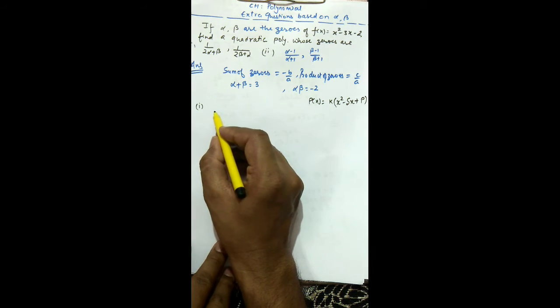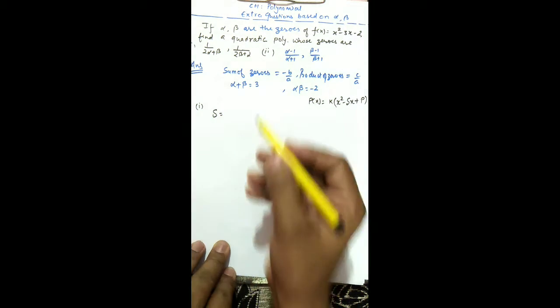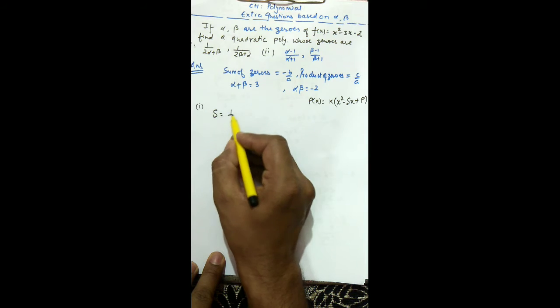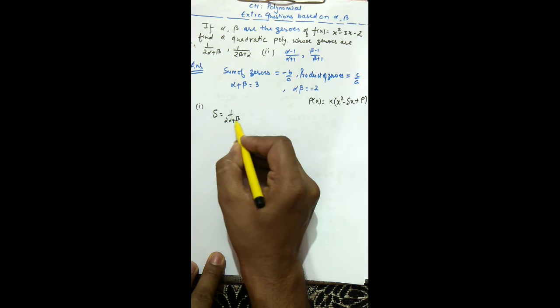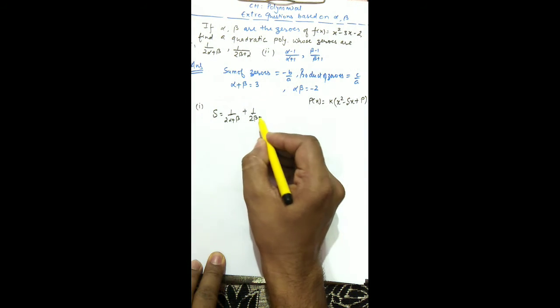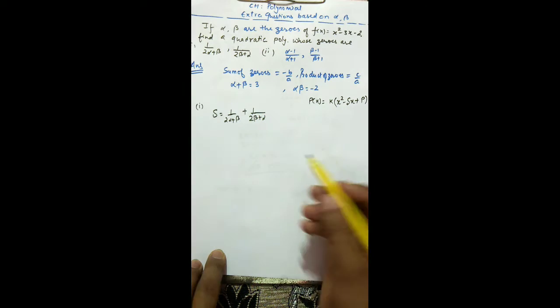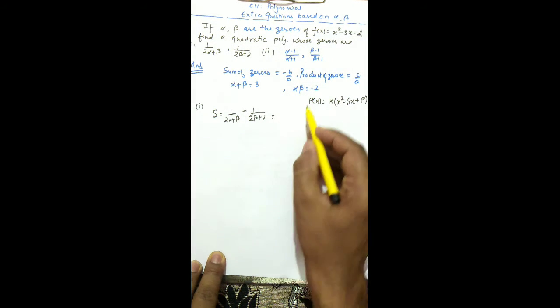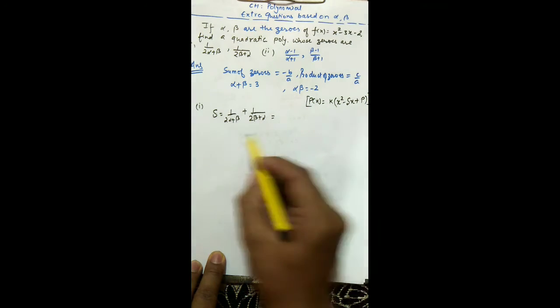So first part, we'll find s, the sum of zeros. For the new zeros, this is 1 upon 2 alpha plus beta, and this is plus 1 upon 2 beta plus alpha. We are trying to find the sum, so we can use the LCM.